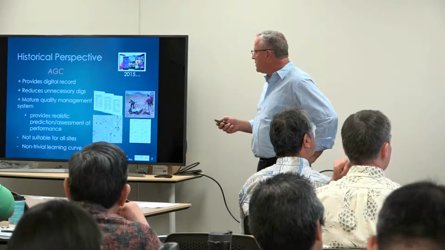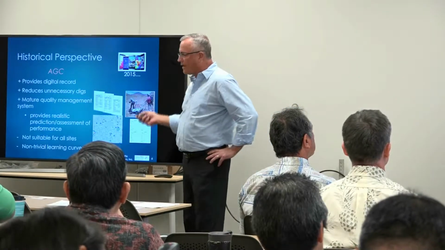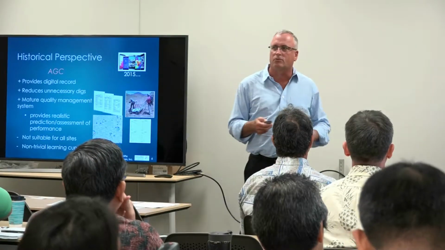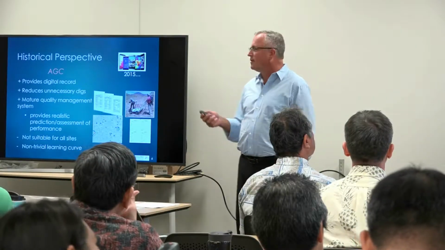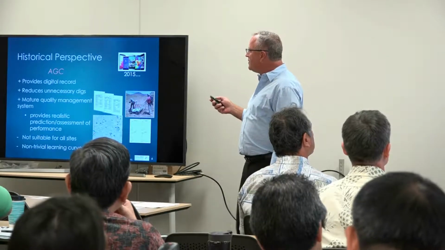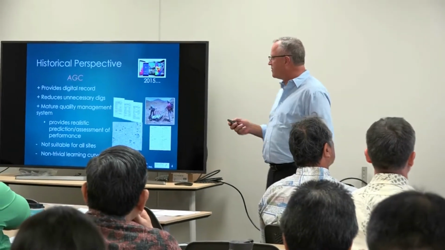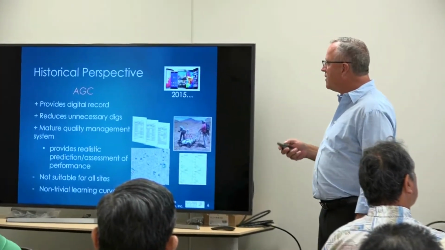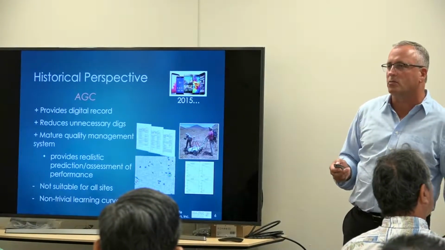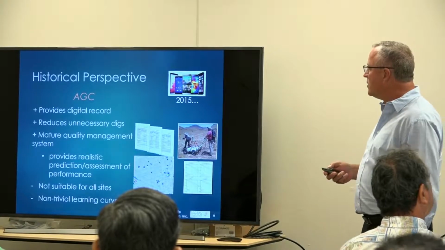And so recently, there's been a lot of buzz about AGC, advanced geophysical classification. I don't know why they use the term advanced, because sooner or later it's not going to be advanced. But they decided to stick with it. So again, it provides a digital record. It also has the advantage of reducing unnecessary digs. And because we're leaving things in the ground, we had to use a much more mature quality management system to manage it.